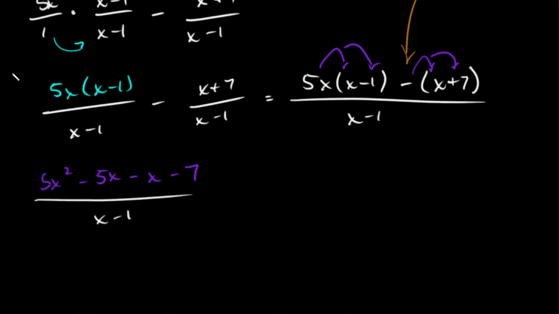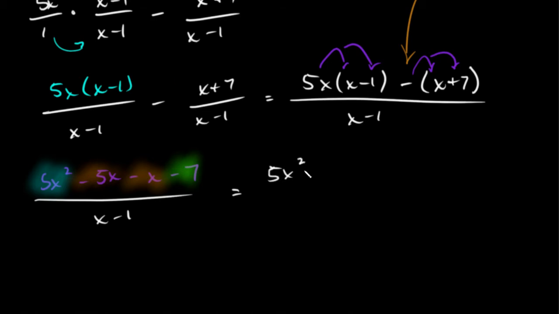And next, you combine like terms. And as I was saying earlier, the squareds are like terms, the x's by themselves are like terms, or the x's to the first power rather, and the numbers are like terms. And so we're going to have 5x squared minus 6x minus 7 over x minus 1.